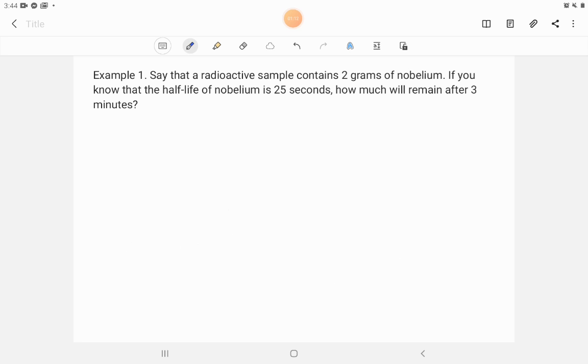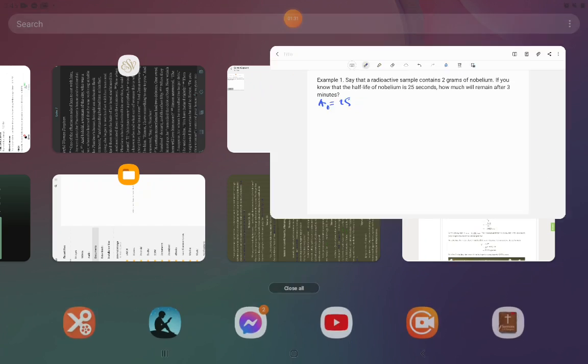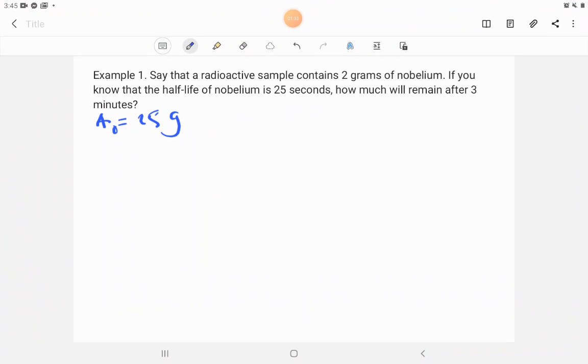Okay. Having that said, let's now solve the problem. Say that a radioactive sample contains 2 grams of nobelium. So that is A, or simply A sub 0, equal to 2 grams.